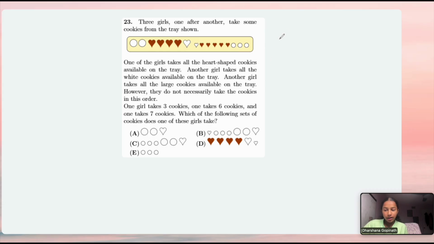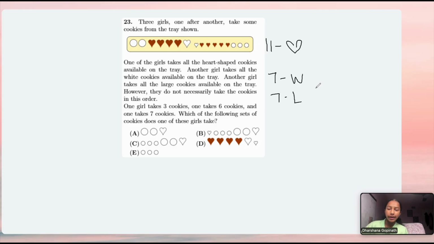There are 11 heart-shaped cookies, 7 white cookies, and 7 large cookies. None of the girls took 11 cookies, so the first girl did not take the hearts. If she took the white cookies, there would be 9 hearts left, 4 large hearts and 5 small ones.